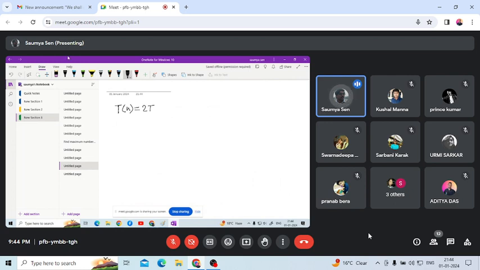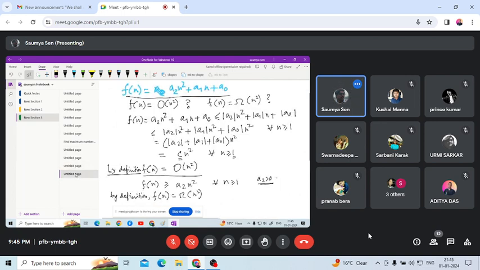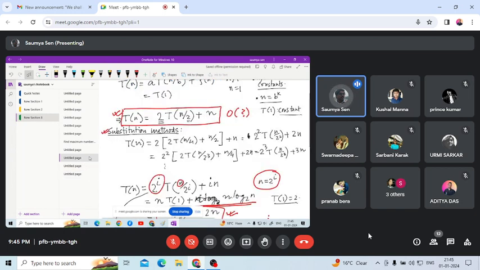Sorry, I'm really sorry. The previous approach is known as the iterative method. It is not the substitution method. I'm very sorry for the mistake. It is the iterative method. We iteratively generate the solution.